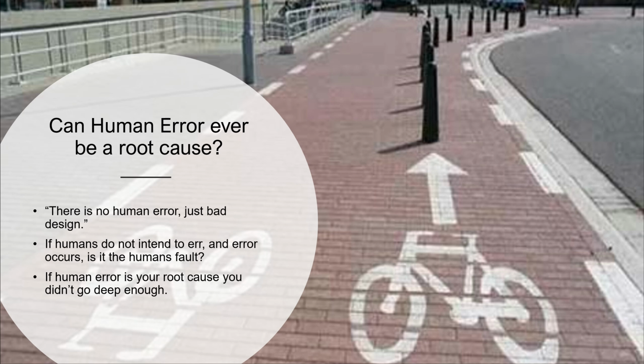If humans do not intend to err, but error still occurs, is it the human's fault? And I love this image, right? There's countless wacky design images on the internet, but I love this one. If a bicyclist was just looking at the indicators that were painted on the surface and then ran into one of these poles, is that a human error? Depends on what you think.